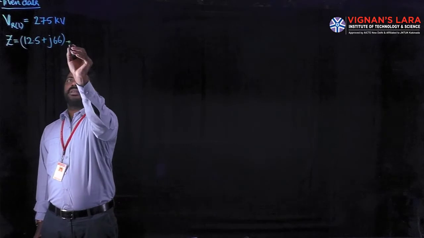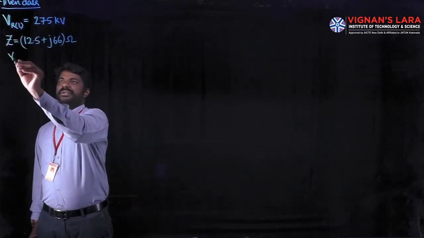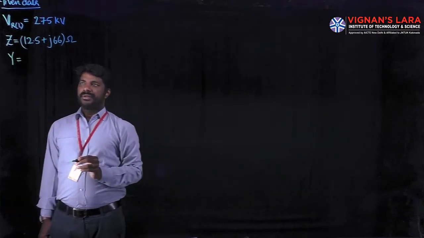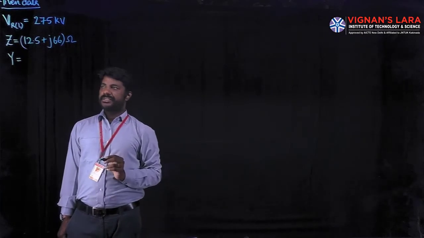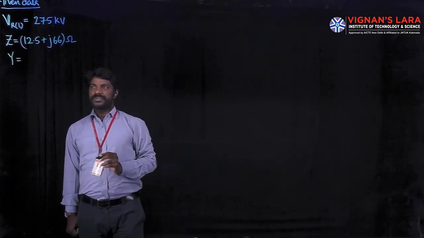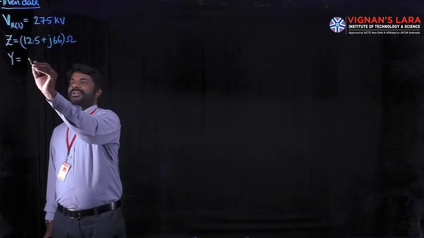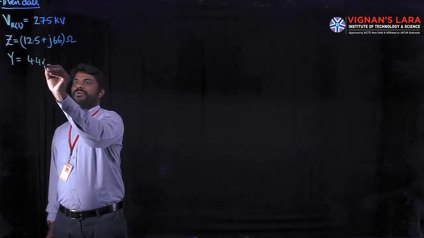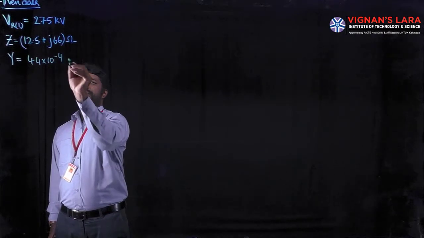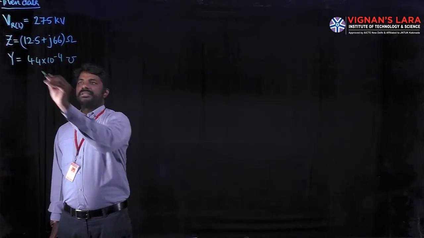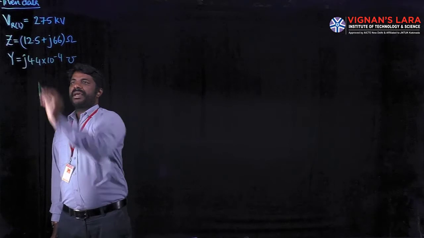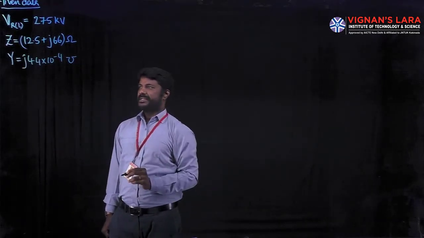This is ohmic value. And the shunt admittance Y is given, neglecting G. Actually G value is also there, but it is very small, so in this problem they have given it as 0. So the magnitude of Y is 4.4 into 10 power minus 4 mho. Since it is only due to capacitance, we write that as plus j.